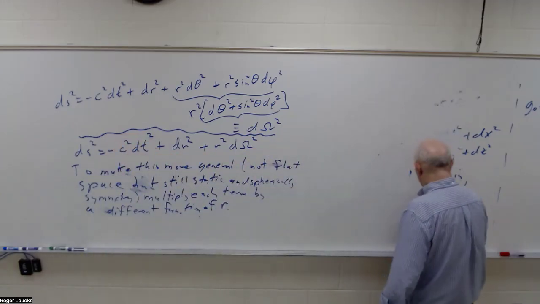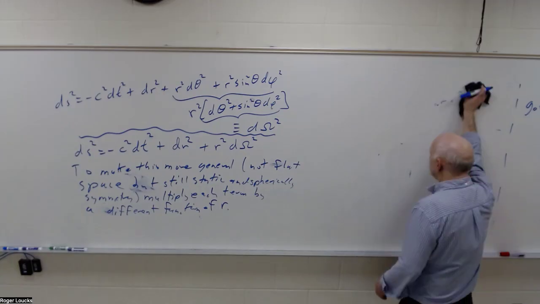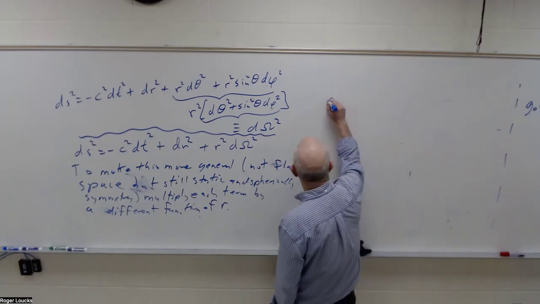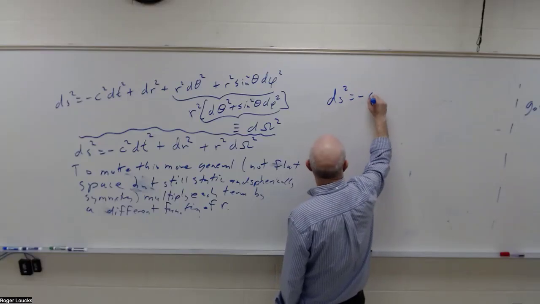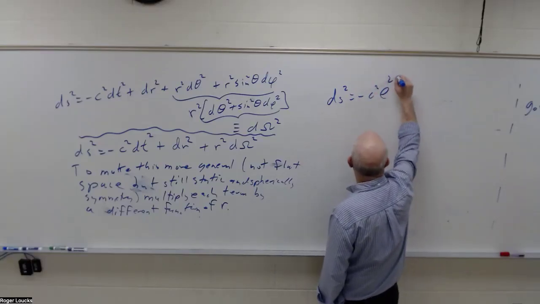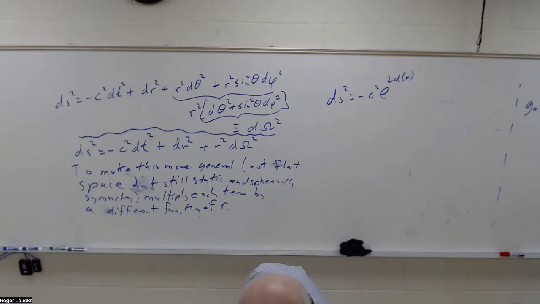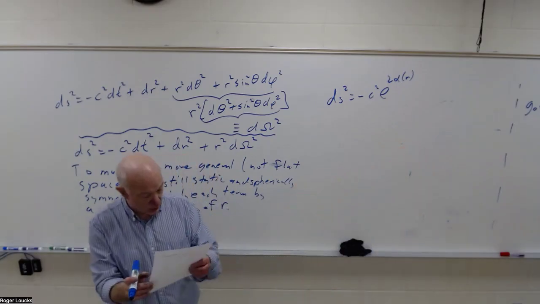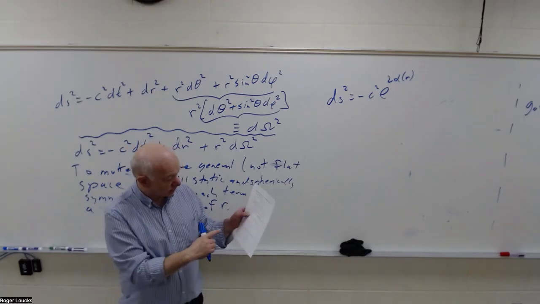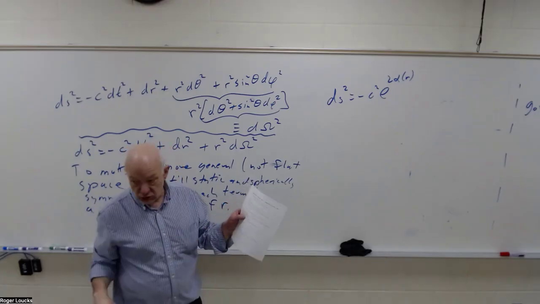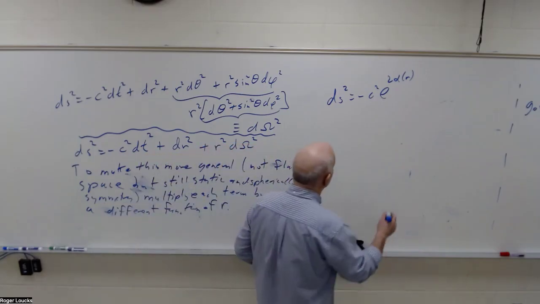We're going to do it like this. So that first one, remember this is e to the 2 alpha, and this alpha is a function of r. If you look at that homework that I gave you, for reasons I don't understand, probably because I just did it in class, this alpha here is actually a function of r. dt squared.